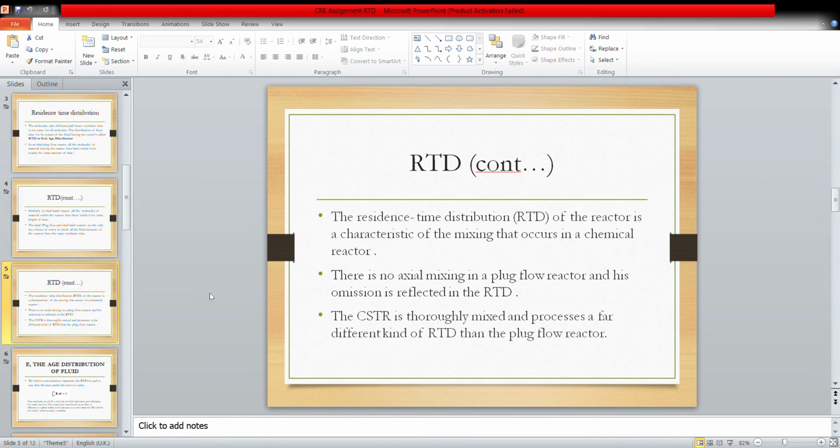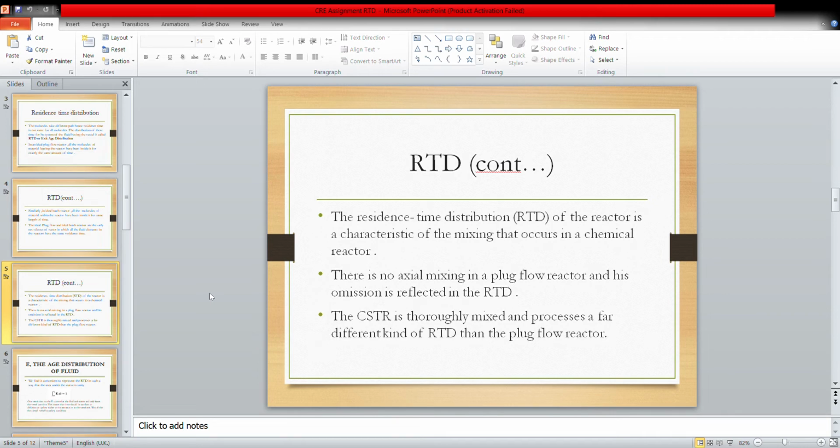RTD. The residence time distribution of the reactor is a characteristic of the mixing that occurs in a chemical reactor. So RTD is a property of mixing, because of the mixing that occurs in a chemical reactor. There is no actual mixing in a plug flow reactor, and this omission is reflected in the RTD.